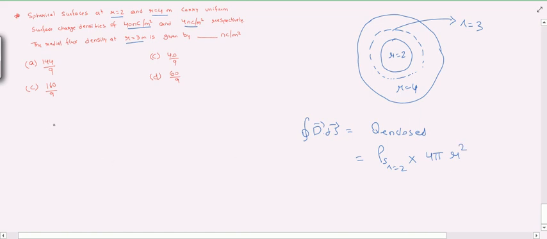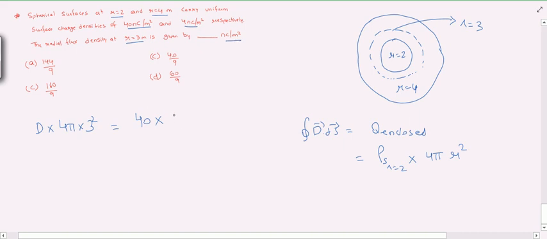And here if I solve this D dot dS, it becomes D dS, and dS will be the surface area of this Gaussian surface. So it will be 4 pi into 3 square, equal to the charge enclosed. Rho s at r equals 2 is 40, and I am writing 40 only because I have to give the answer in nanocoulomb per meter square.